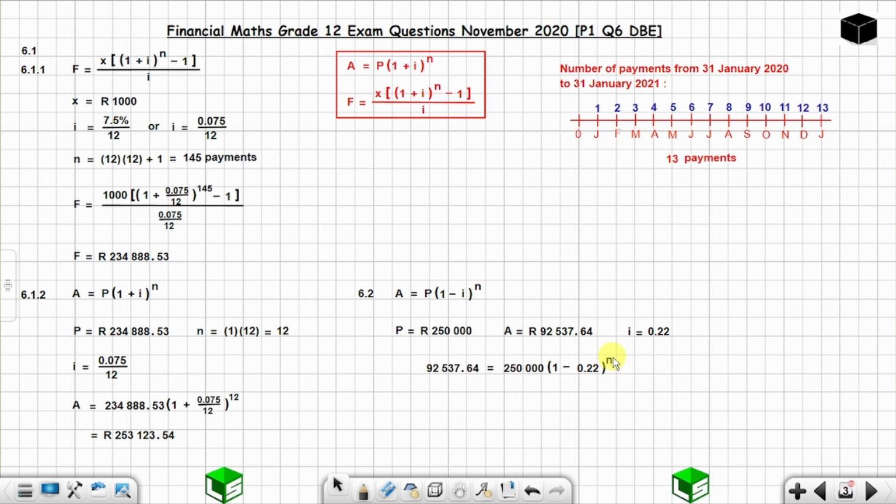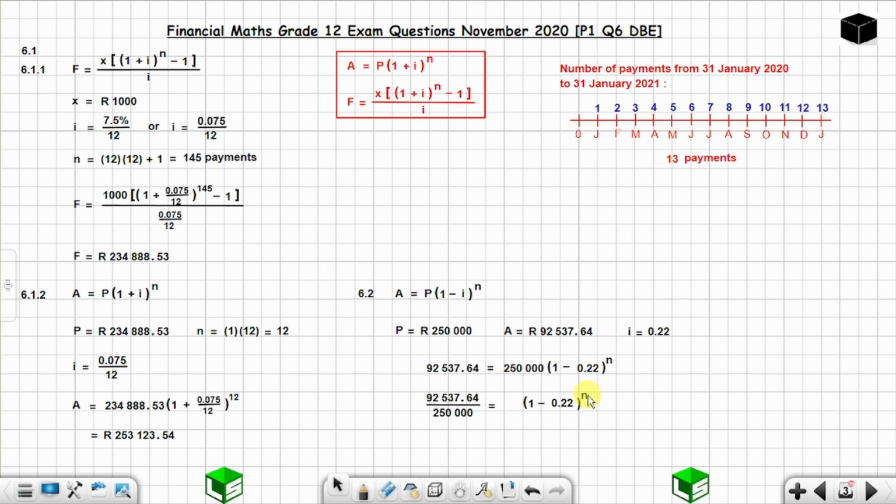You are going to divide by 250,000 on both sides so that you can have this part on its own. This is equal to this. You have to solve for n.